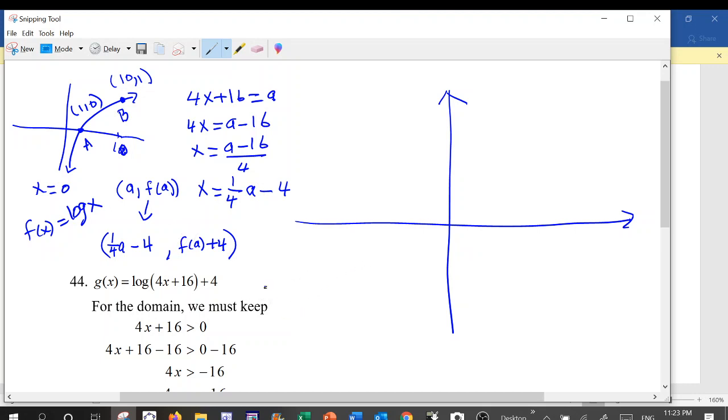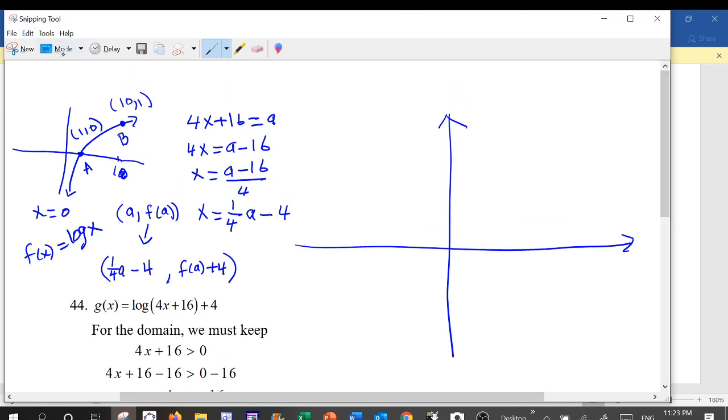So our vertical asymptote will go to, well, look, 1/4 times 0 is 0, minus 4 is minus 4. So you go to x equals minus 4. So that's the vertical asymptote, 1, 2, 3, 4. That's where it goes.